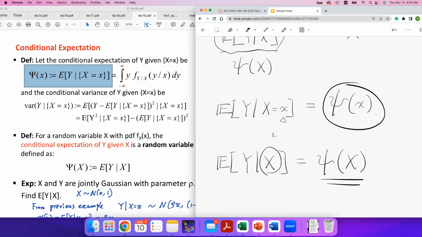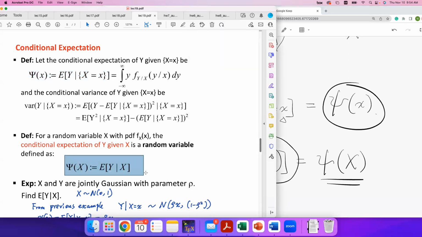So this is indeed a random variable. The randomness comes from the randomness of x. Depending on different realizations of x, you get different conditional expectations. So this is indeed a random variable.